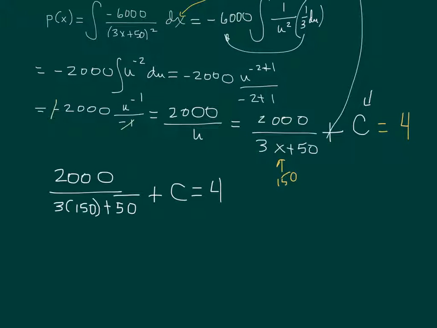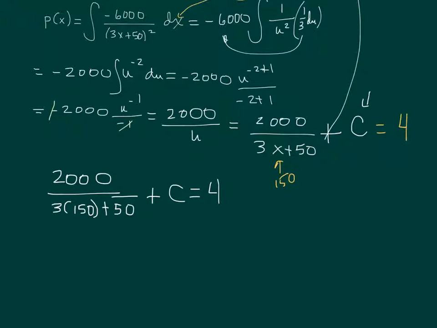Well, if I take 3 times 150 plus 50, I get 500 on the bottom, plus c equals 4. And then if I take 2,000 and divide by 500, well, guess what I get?